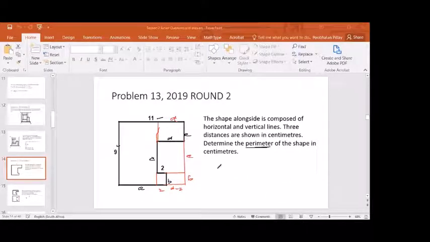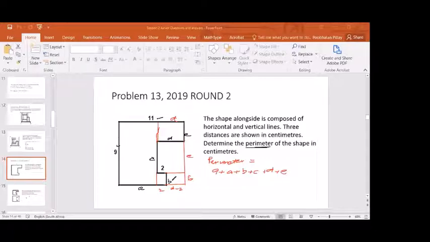So what we need to calculate is just these boundaries. So you need to calculate your perimeter. It is equal to, we know it's 9 plus A plus B plus C plus D plus E, right?